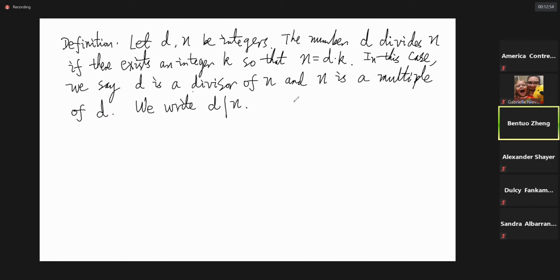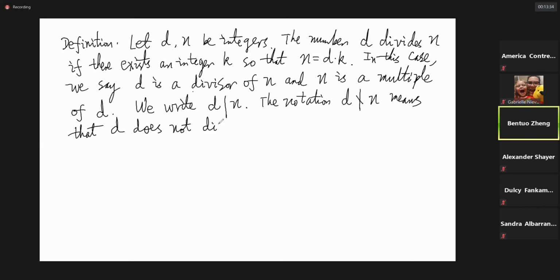Okay, so the notation, d does not divide n means that d does not divide n.